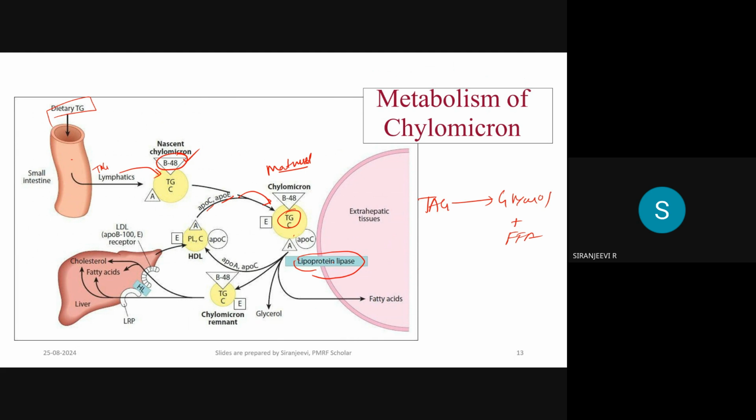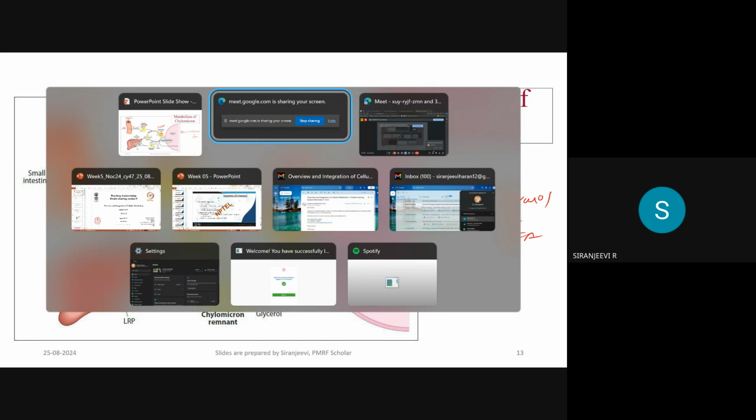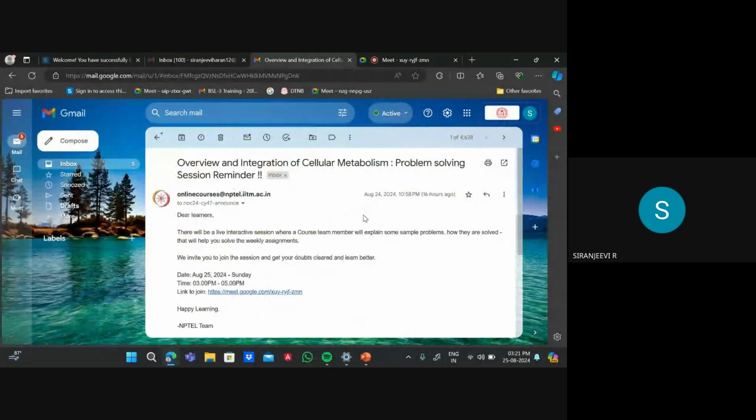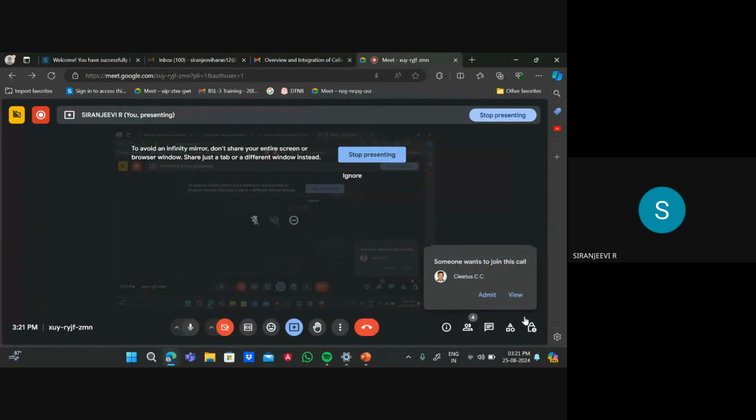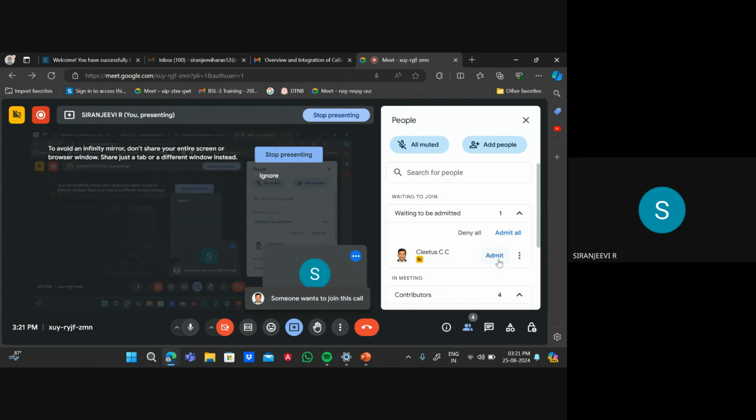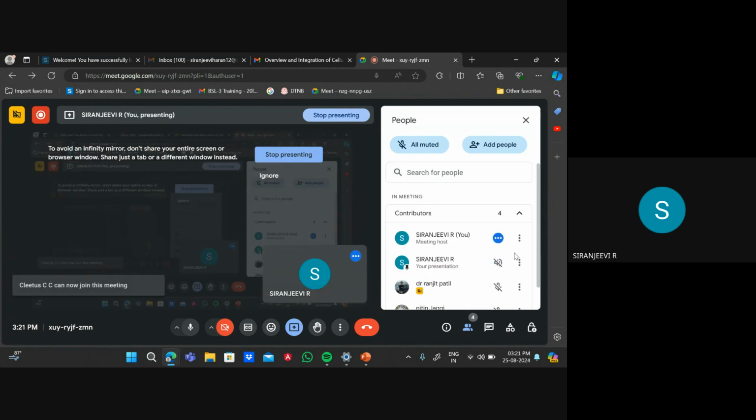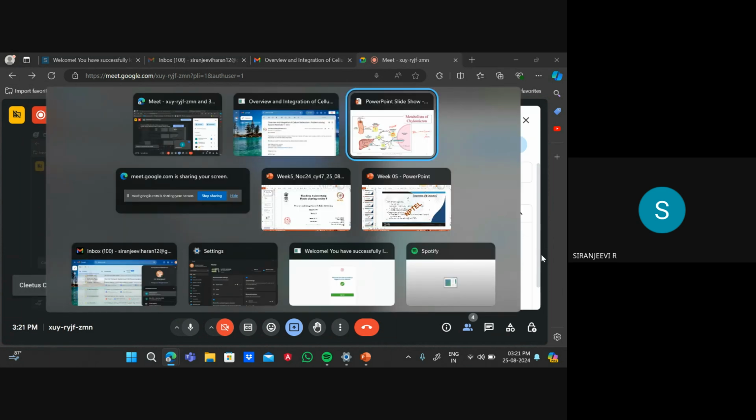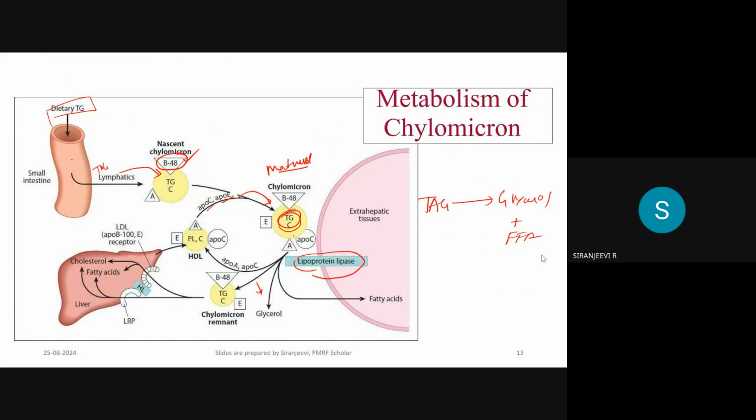Due to this activity, reduced levels of triacylglycerol remain in the system, and this forms the chylomicron remnant.